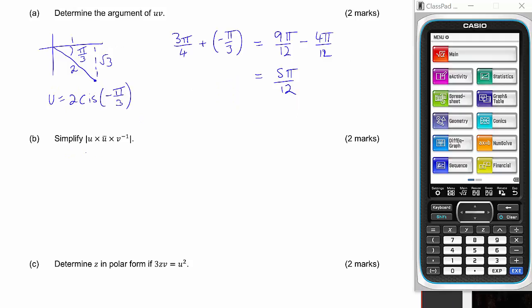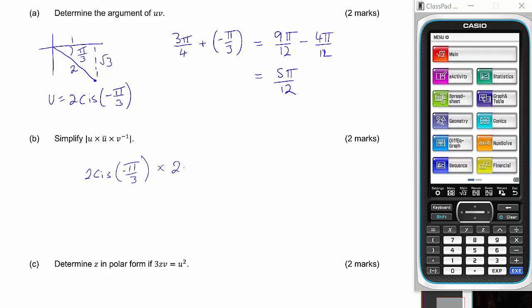Simplify the modulus of u times the conjugate of u times the reciprocal of v. So this is actually quite easy, but let's just step it through anyway. So what we're doing is 2 cis negative pi by 3.